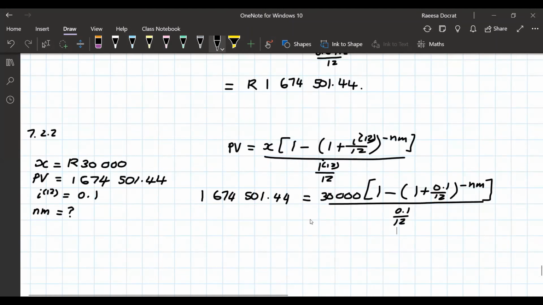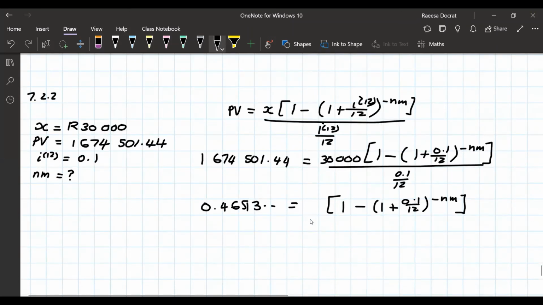So dividing both sides by 30,000 and multiplying by 0.1 over 12, we get 0.46513, with a few other decimal places, is equal to what's in this bracket, which is 1 minus 1 plus 0.1 over 12 to the power of minus nm. And then we're going to subtract the 1 on both sides and divide by the negative.